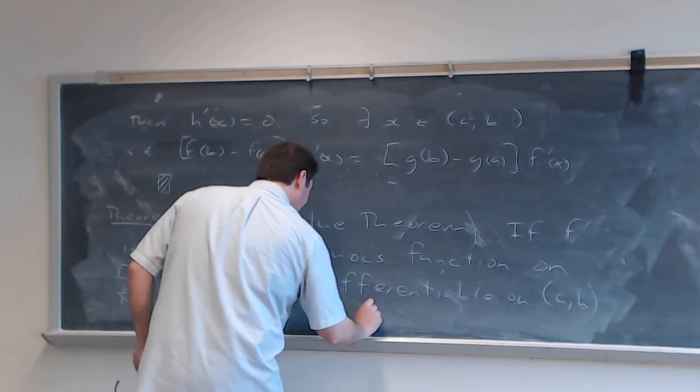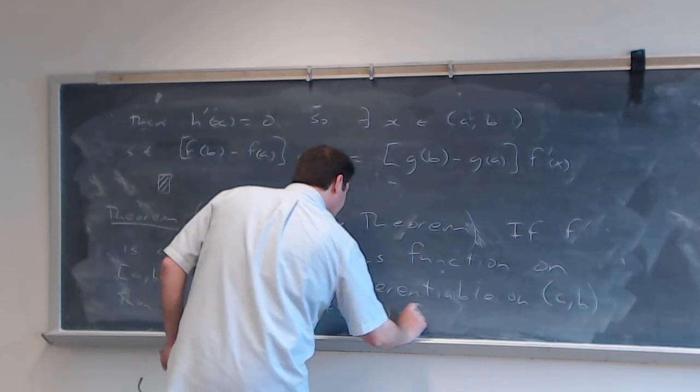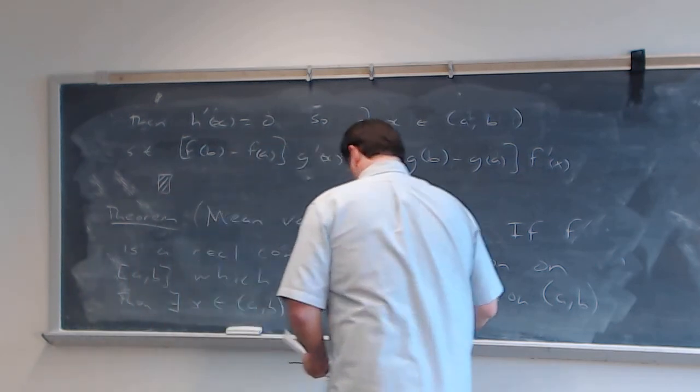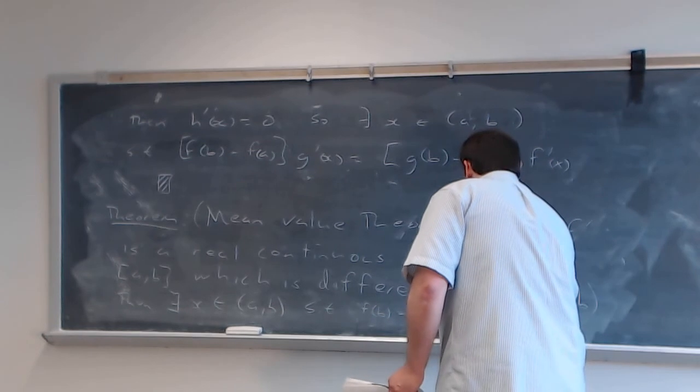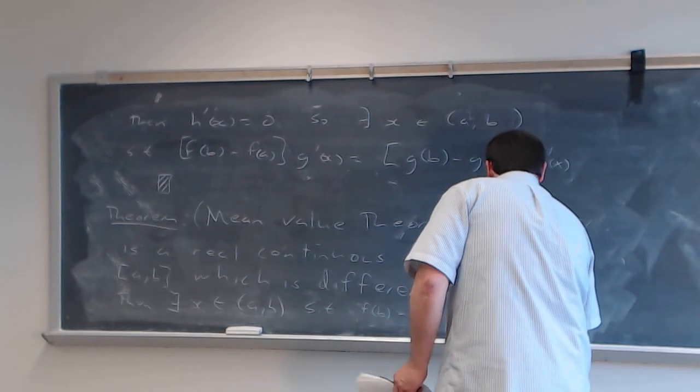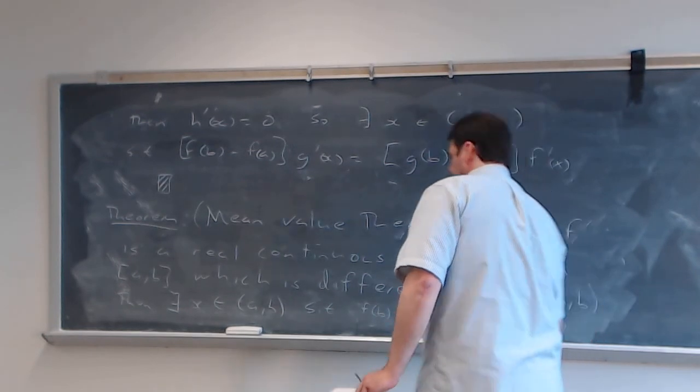It's written that f of b minus f of a will be equal to b minus a times f prime of x.